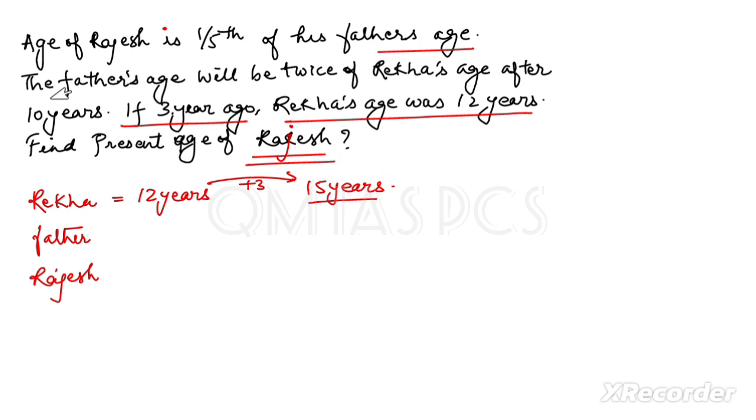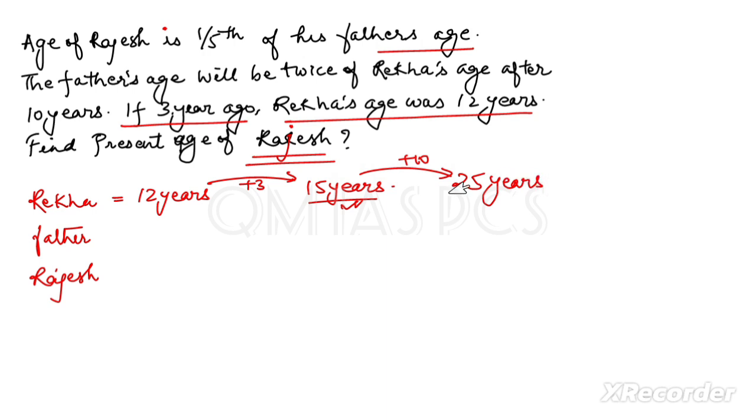Now it is given that father's age will be twice of Rekha's age after 10 years. That means about the future. So we have to find Rekha's age after 10 years. After 10 years means from the present age, so it will be 15 plus 10, that will be 25 years.